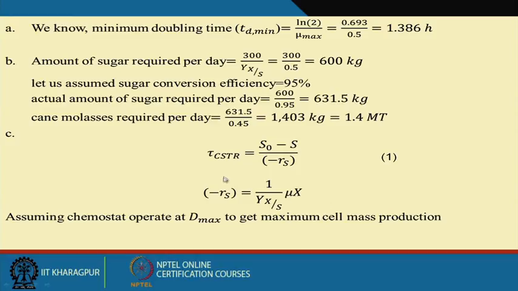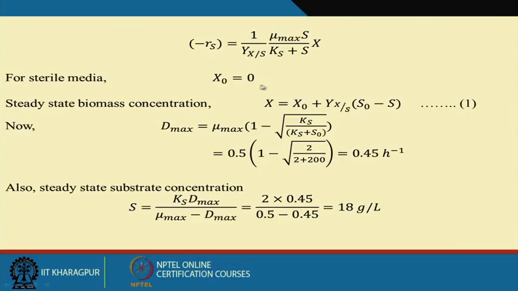Now, if you want to calculate the volume of the fermenter required, we know tau CSTR equals S0 minus S by minus RS. We calculate the mu max value. From the mu max value we can find the D max value. From D max we find the S value. What is D max?